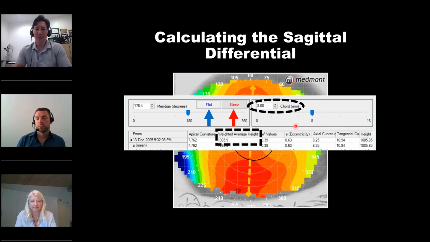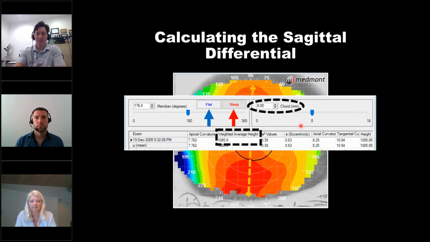And I can tell you I've used this particular method of setting the chord at the specific chord measure of the lens, collected the eccentricity. And the Hong Kong Polytechnic study that was just published by Kiki Tan and Pauline Cho, I'm sure all of you know Pauline Cho's name in Orthok, they had a 95% first fit success using this E value over an 8 millimeter chord.